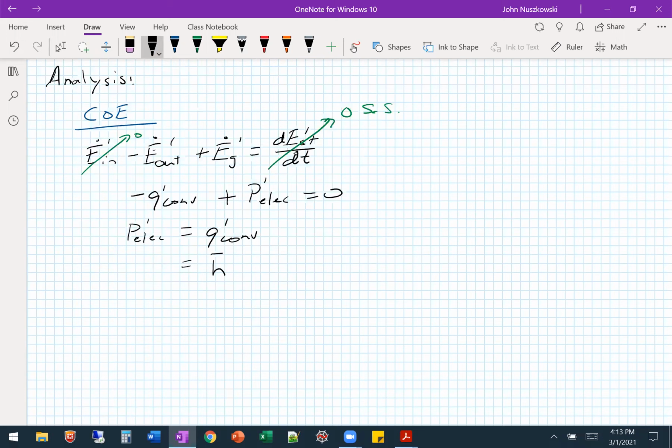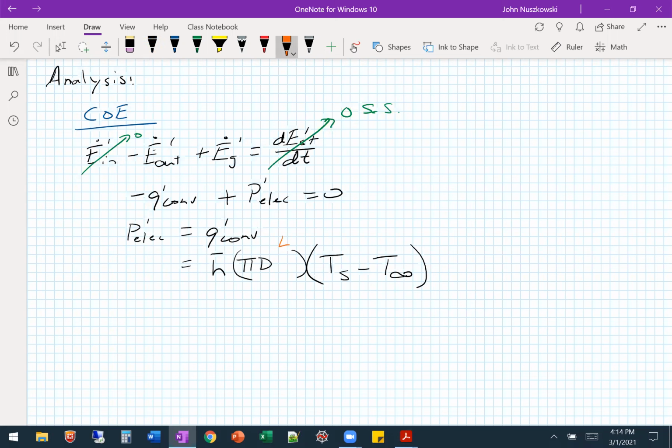The area is the outside area, so that'll be pi D. The L is removed because it's per unit length. Then we have the surface temperature minus T infinity.